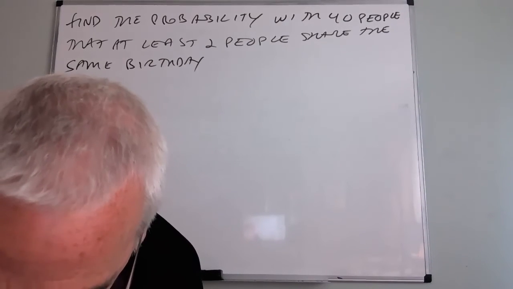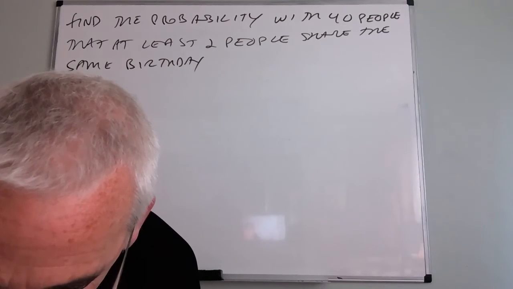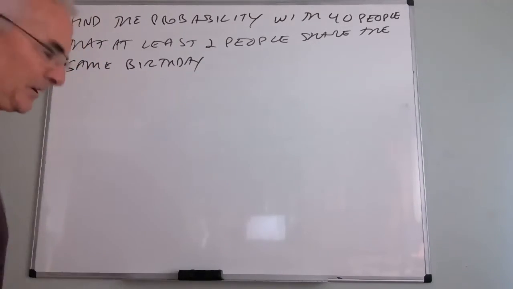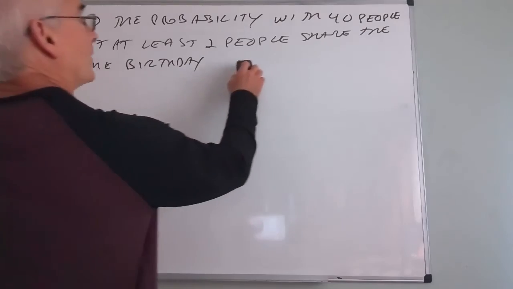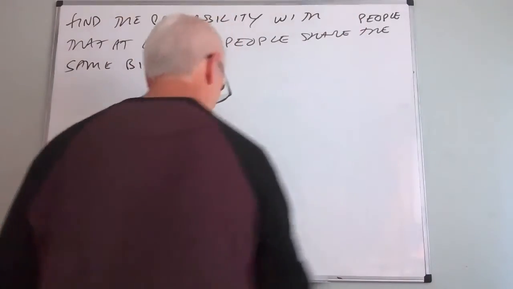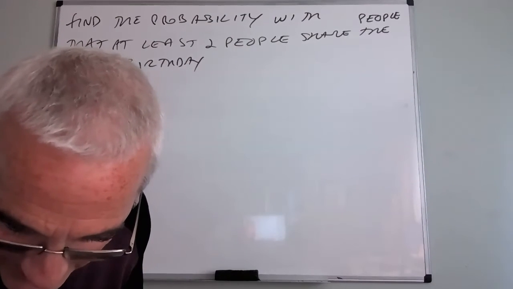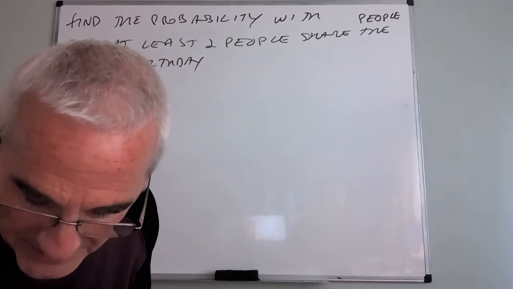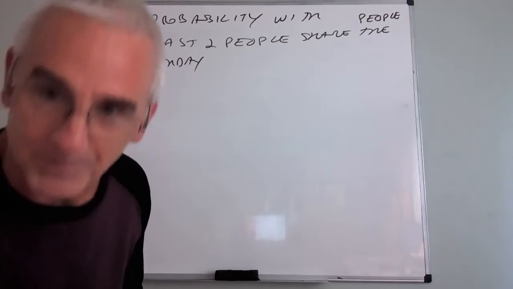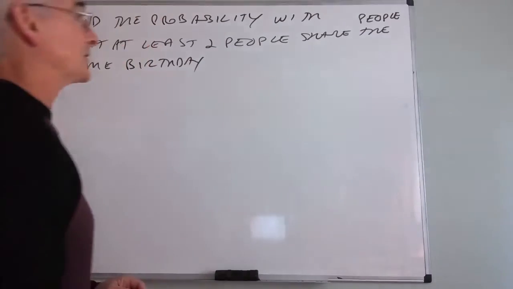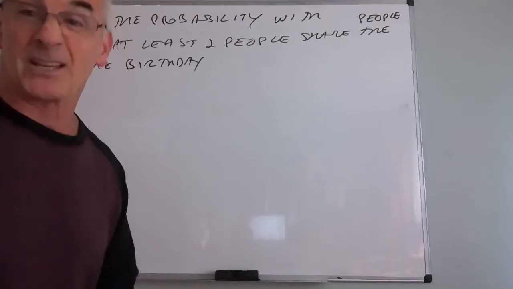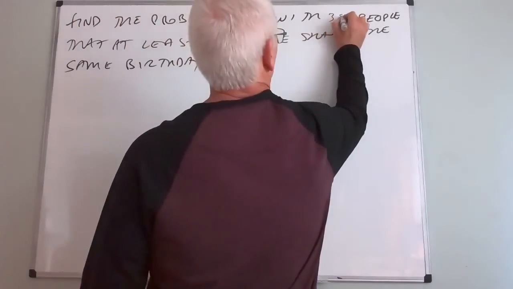Let me try this. I'm going to change this to 35. My calculator can do 35, but the 40, it didn't want to do. I think that's funny. I can use my TI-89, my Titanium, but that's intimidating if I pull that one out. Okay, let's say 35 people.